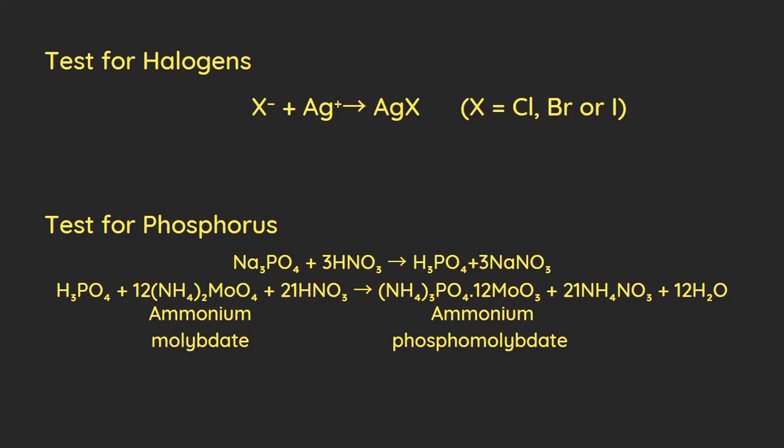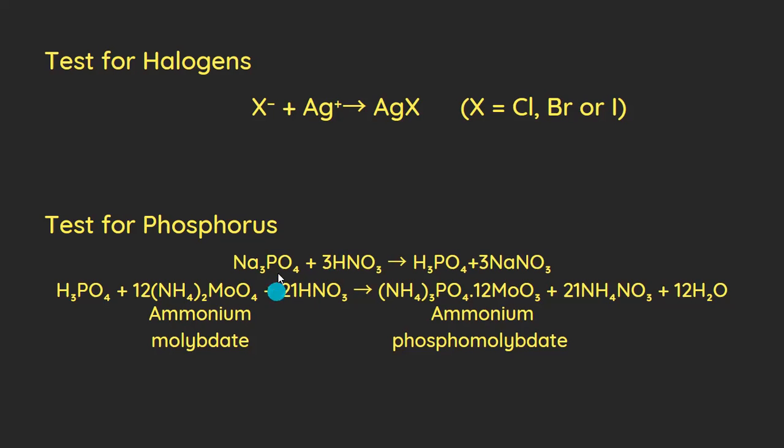Next is the test for phosphorus. That's the last one. First of all, the compound is heated with an oxidizing agent like sodium peroxide. And what happens is the phosphorus gets oxidized to give rise to phosphate.